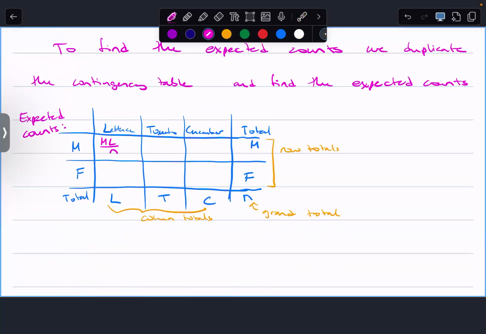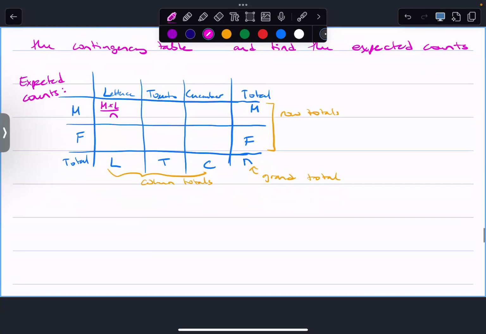Now I'm multiplying here, and that's not obvious because M times L. Because before we just had ML representing the counts of the males who preferred lettuce, which is different from M times L, I'm sure. How different? We'll find out with our hypothesis test. Okay.